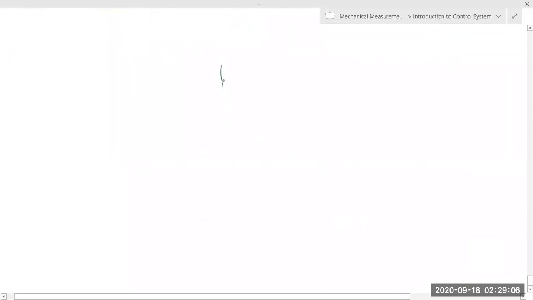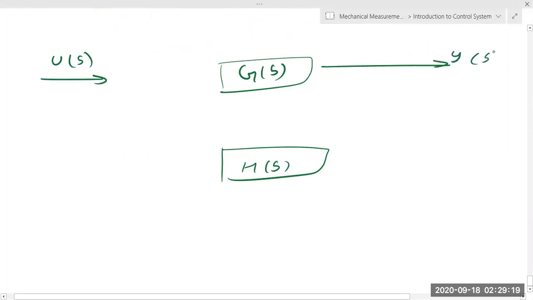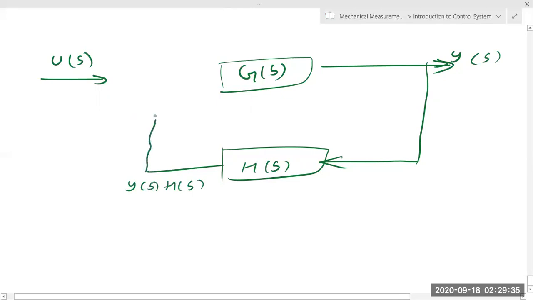This is my input, this is my h of s, this is my g of s, this is my input u of s, and this is my output y of s. This output is fed back, giving the value u1 of s, which is y of s into h of s, and this goes to a summation point.